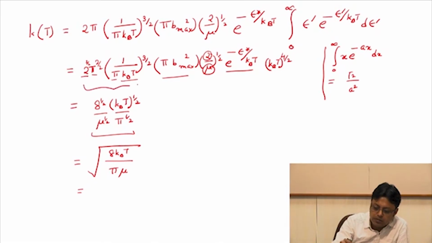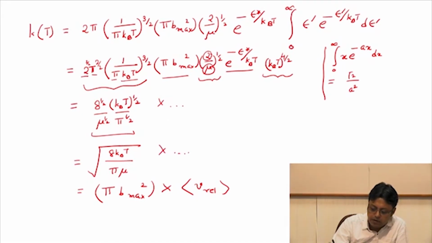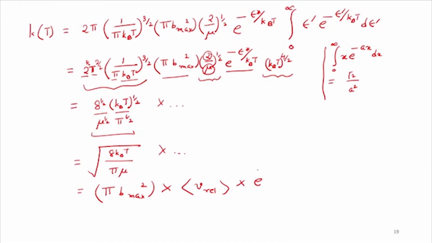All these terms actually rearrange to give you V relative average, and what we get is pi b max squared times V relative average. I did not write all the other terms, and times I'll have e to the power minus epsilon star by kBt.